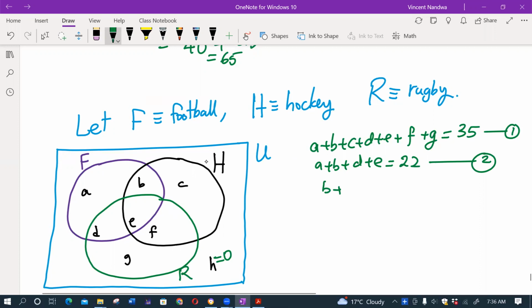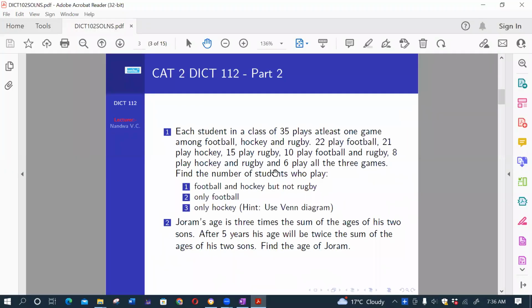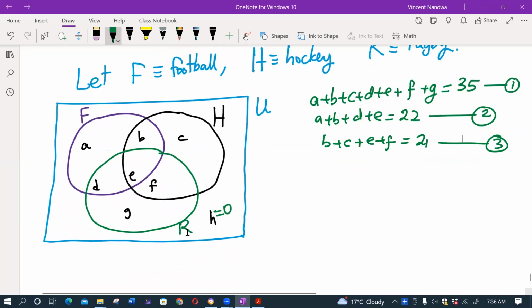So B plus C plus E plus F gives 21, call it 3. Another information is 15 play rugby. Rugby is the green circle, so D plus E plus F plus G should give us 15. Let's call this equation 4.